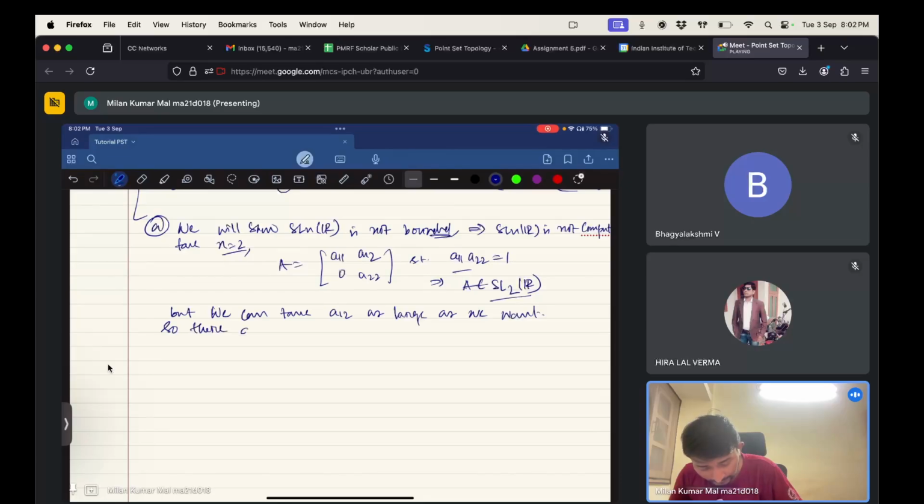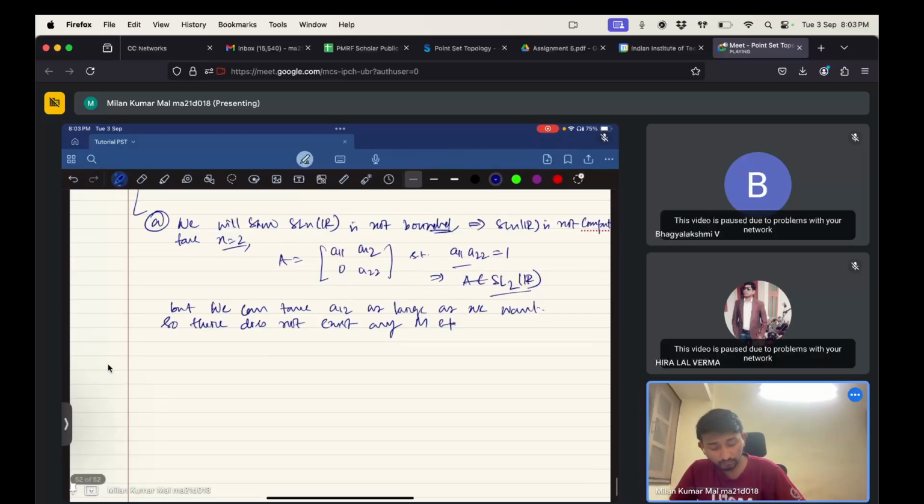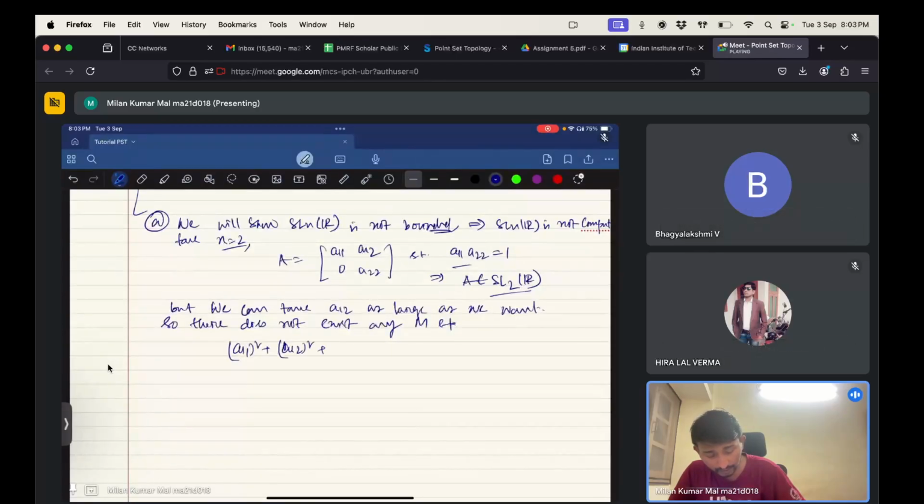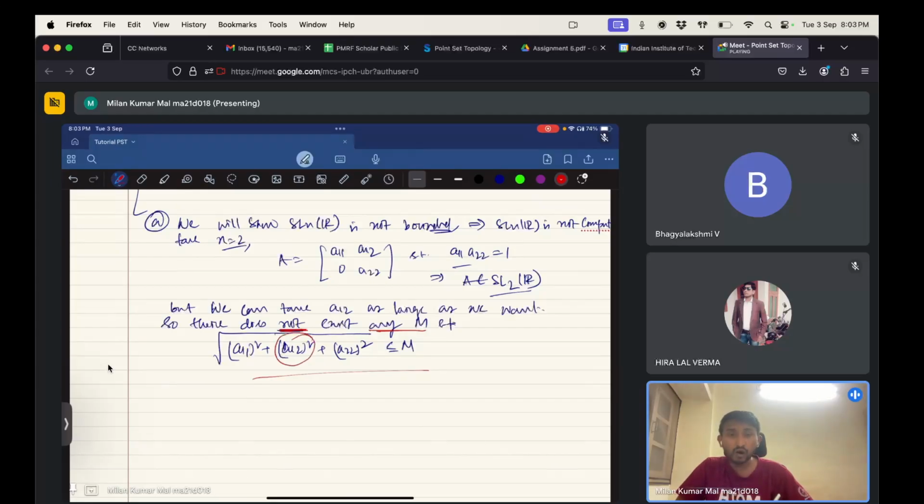So there does not exist any M such that the norm of A, the square root of a11 squared plus a12 squared plus a22 squared, is less than or equal to M. If M is a fixed number, I can take a12 as much bigger as I want.